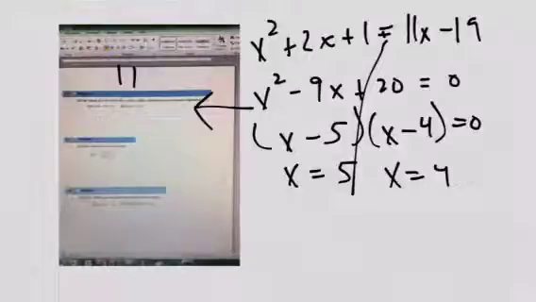Now if I want to look at number 8 and try to find the domain, I need to find out where root x minus 7 is defined.